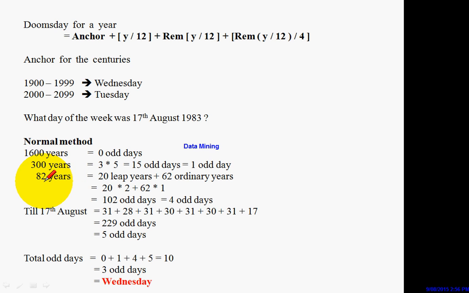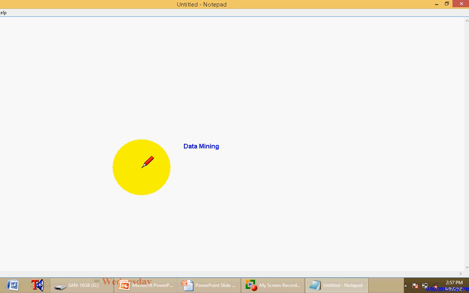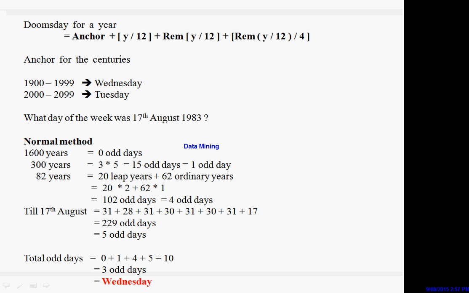For 82 years, to calculate the number of odd days, divide 82 by 7 and we get 20 leap years and 62 ordinary years. If it is a leap year, the number of odd days is 2, and if it is an ordinary year, the number of odd days is 1.